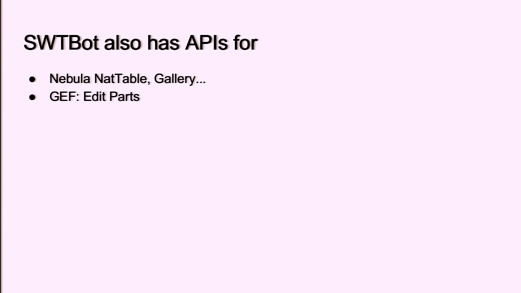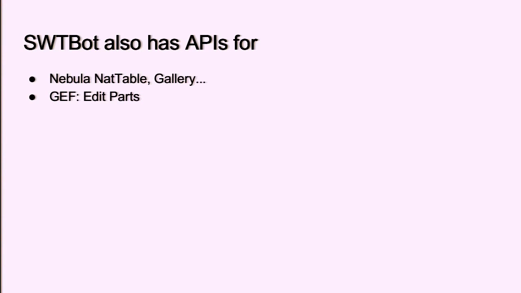Since it's a table, it's mostly about clicking on cells, extending cells. It's very cell-oriented in API. There is one for the SWTBot gallery, so the Nebula gallery, which is a widget to just show images one after the other. So basically, it's previous and next oriented UI API. And a very important piece of SWTBot is that there is an API for GEF, Graphical Editing Framework, which is oriented towards edit parts.